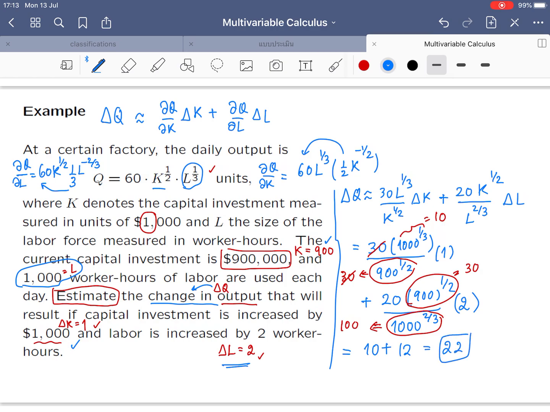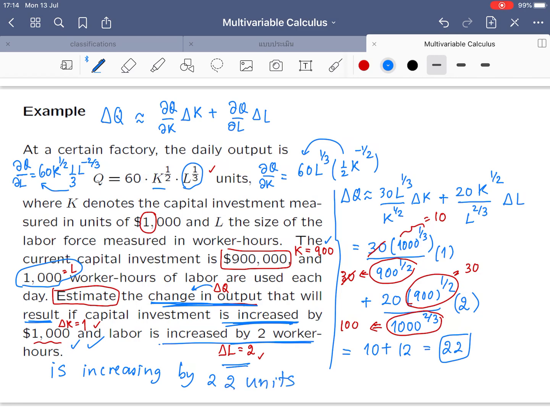So it can be said that the change in output that will result if your investment increased by this much, and the labor increased by 2 hours, is increasing by 22 units.